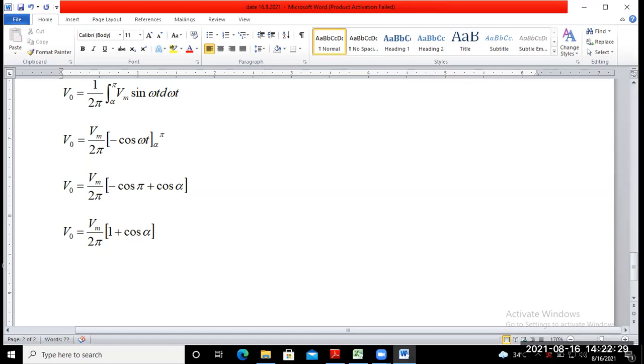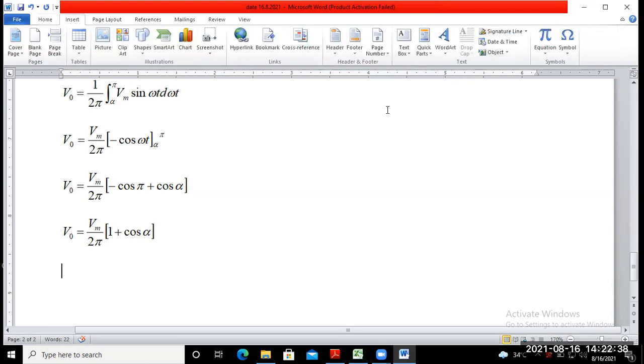So the average output current, that is represented by I0, is nothing but the average output voltage divided by resistance.